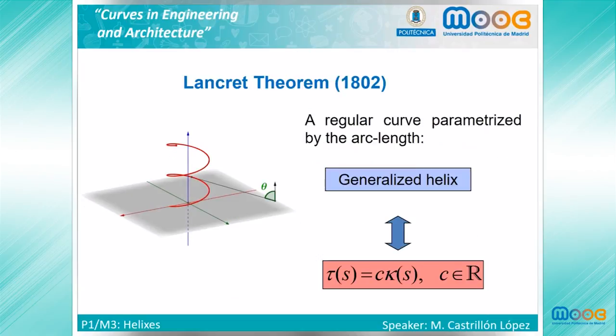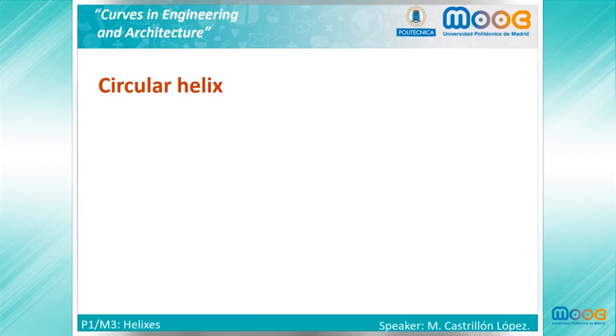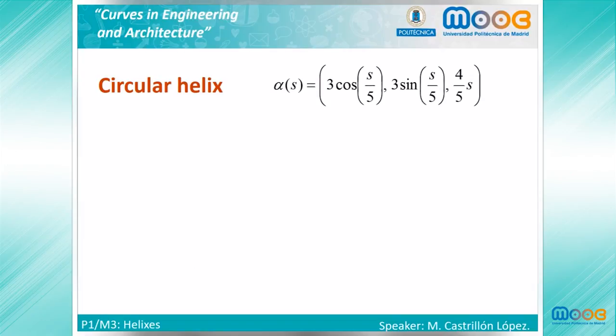In the case of regular curves, we have a result obtained by Lancret in 1802. This result says that the curve is a generalized helix if and only if the torsion function and the curvature function are proportional, the cotangent of the angle being the constant of proportionality. We can check the Lancret theorem in the case of the circular helix with the parametrization you have on the screen.